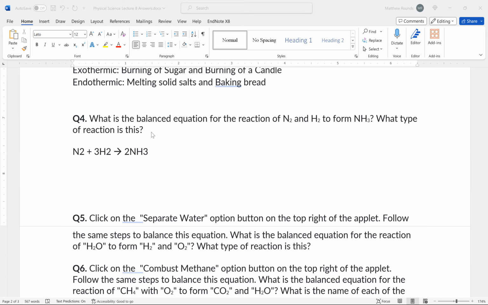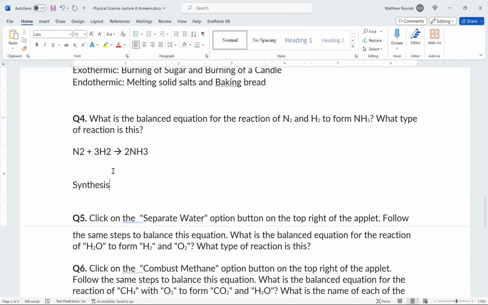So that's just some background information. Now, if we look at your problem here, this is the first one. This is a synthesis reaction. It's where two elements combine into one.